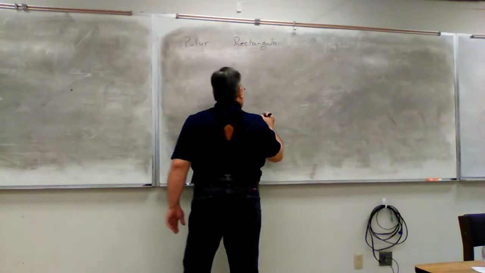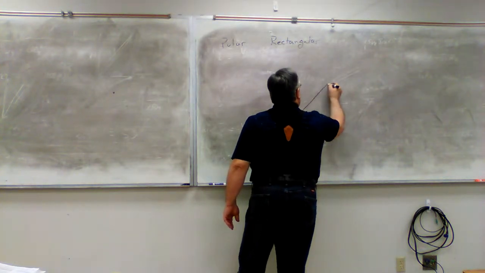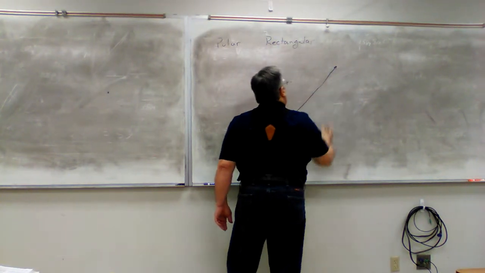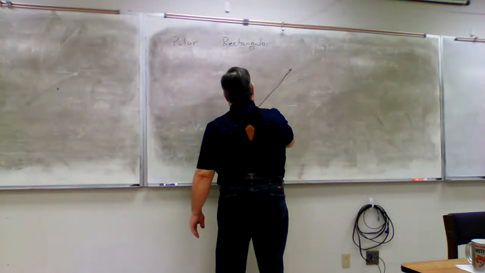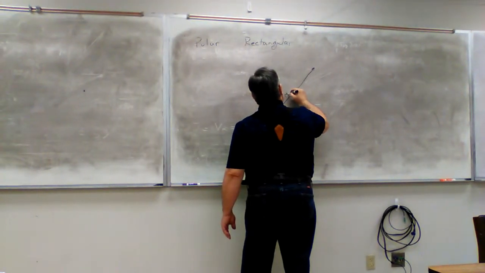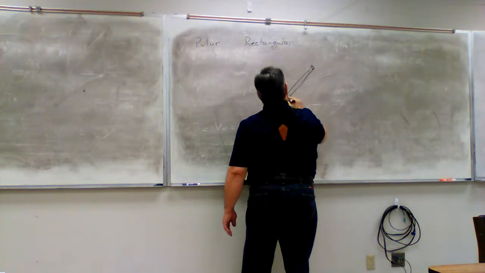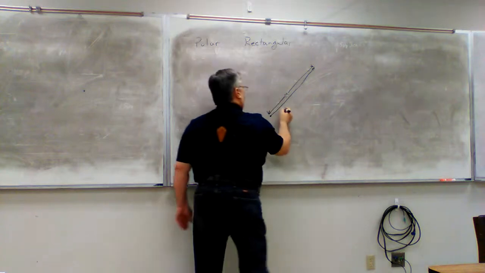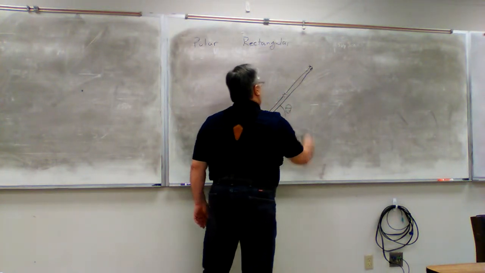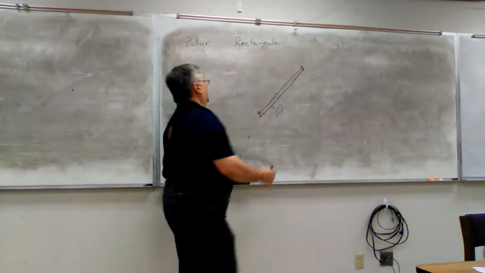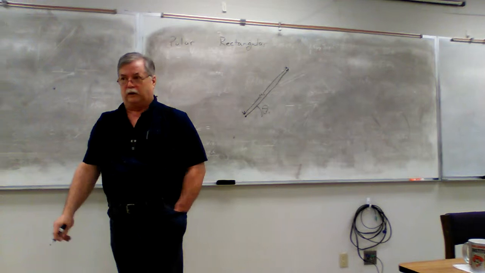In polar form, you describe a vector as a magnitude, which when we draw it is proportional to the length of the vector, and a direction. We'll call this magnitude 1 and theta 1, angle 1.